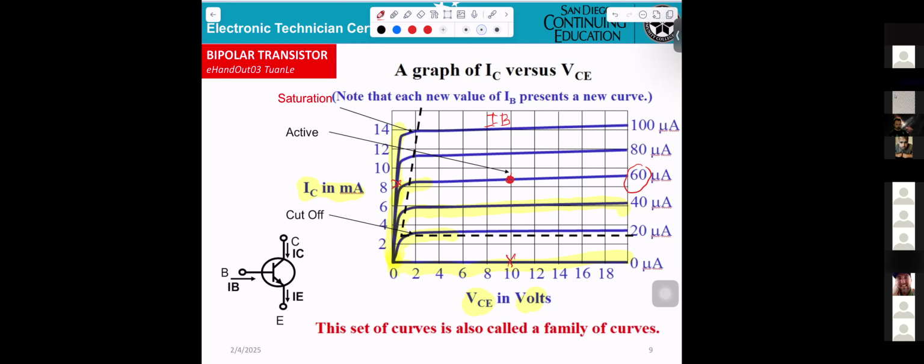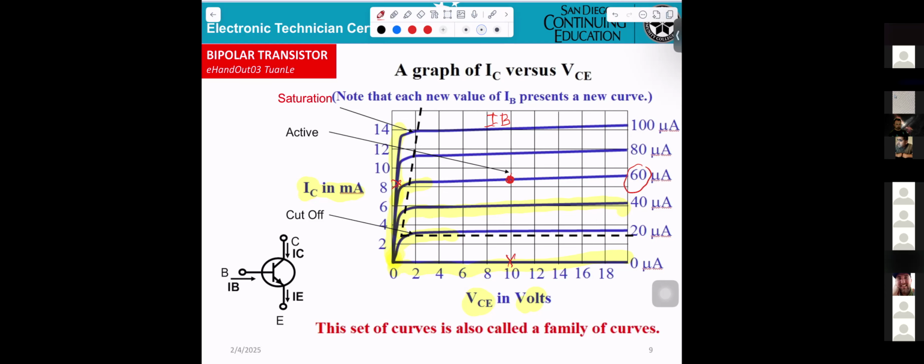If you want to design the amplifier, basically you have to select resistors and make sure the transistor is not cut off or saturated.